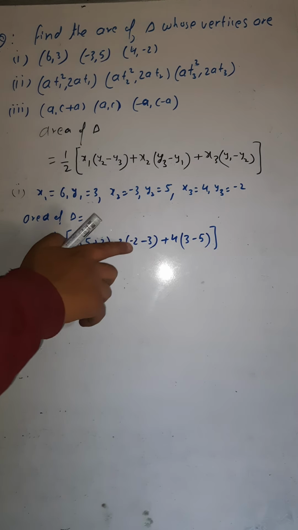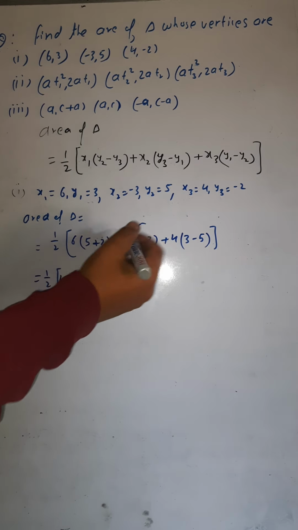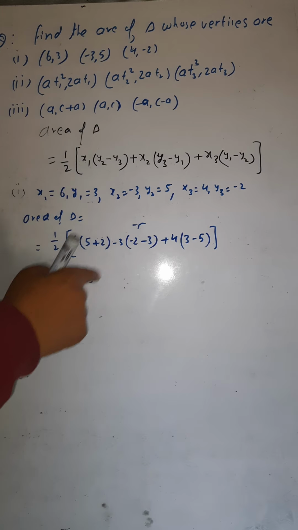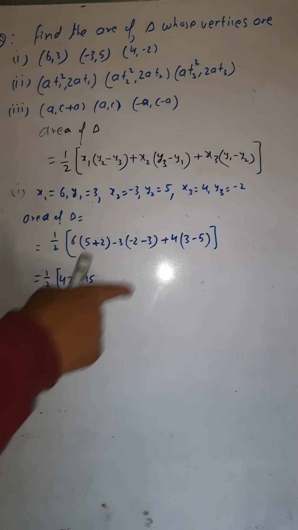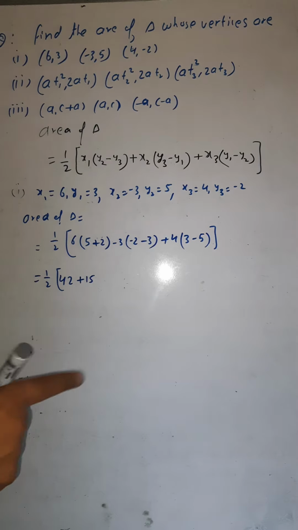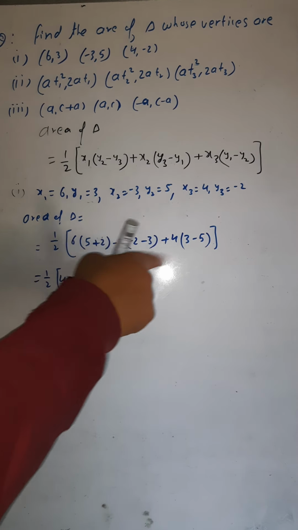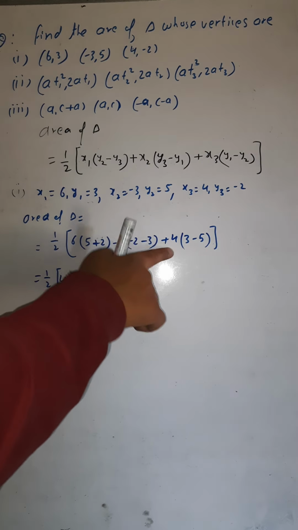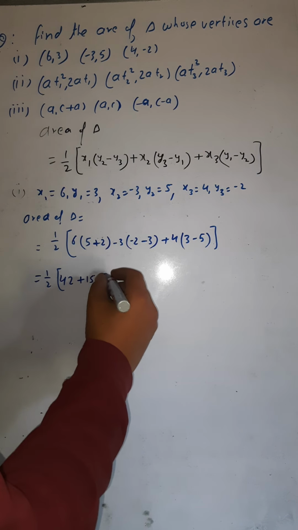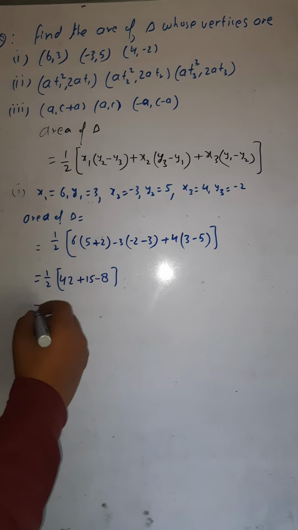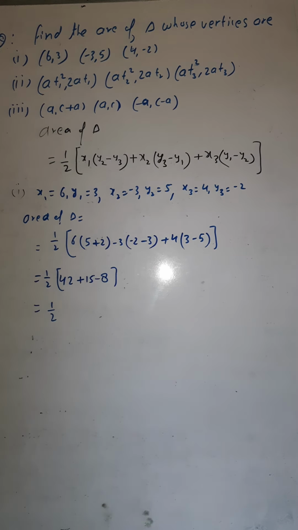Similarly here 3 minus 5 is minus 2, and minus 2 into 4 is minus 8. Now it will be 1 by 2, and 42 plus 15 would be 67.